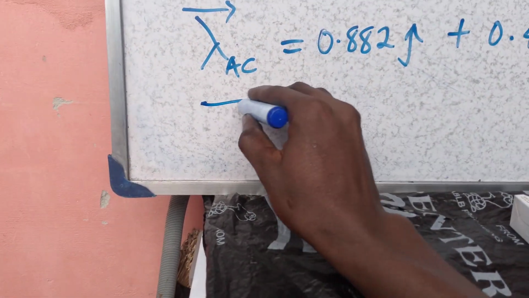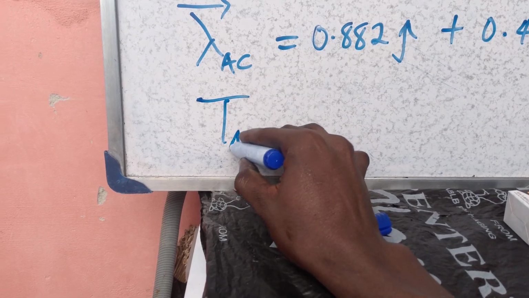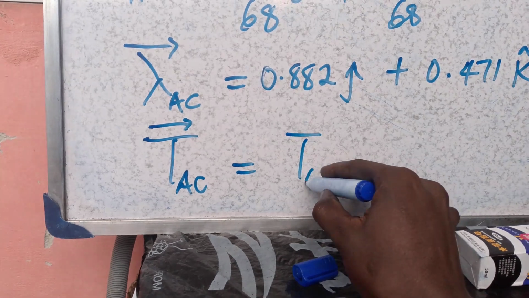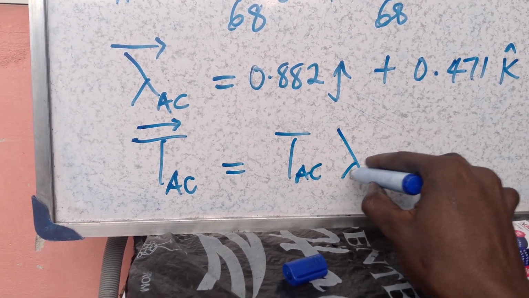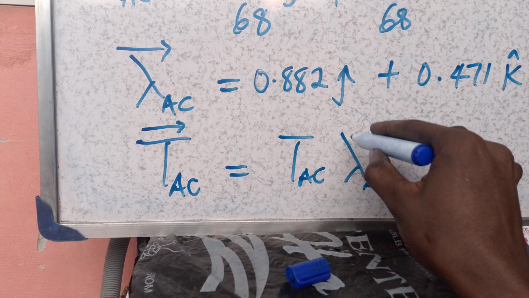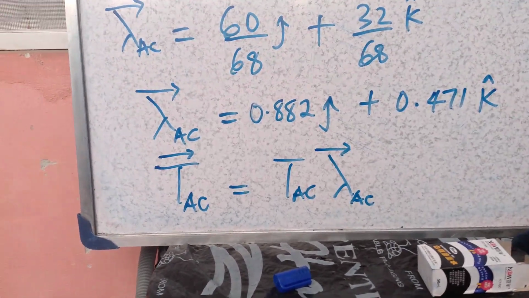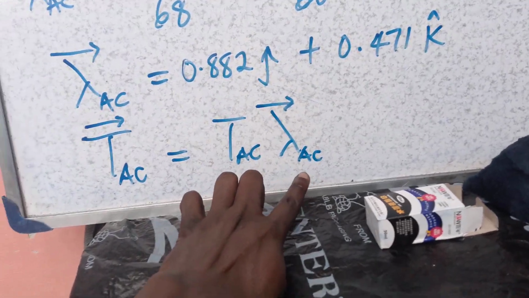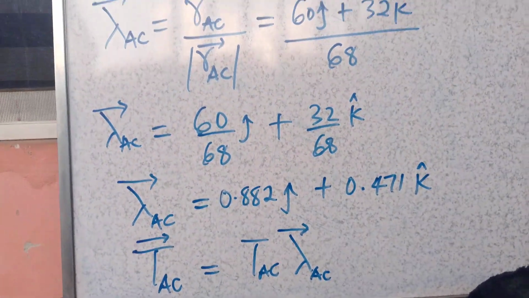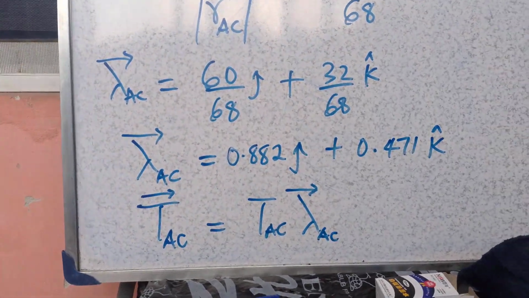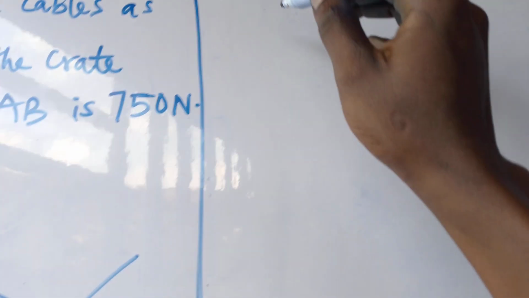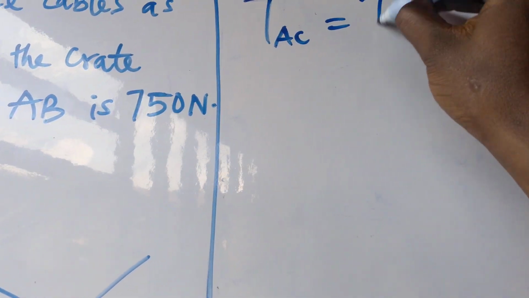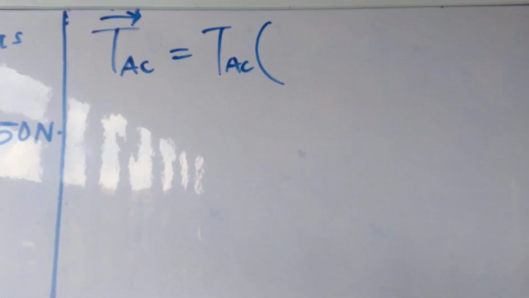The tension force AC will be equal to TAC lambda AC. So the vector TAC will be the original tension force times the unit vector. By means of substitution, I have tension TAC equals TAC times lambda AC.